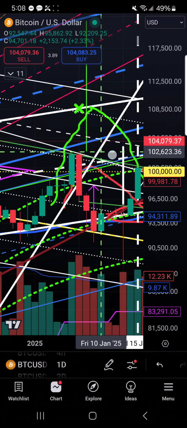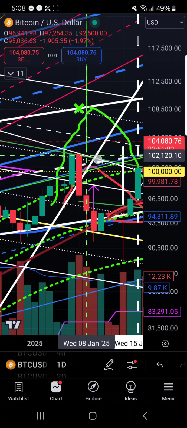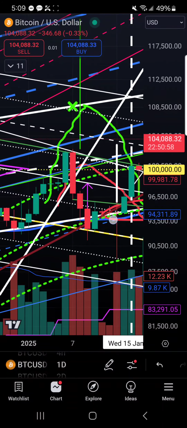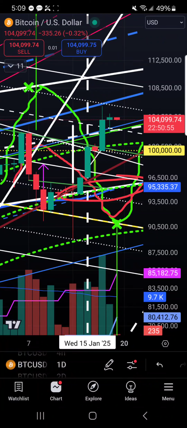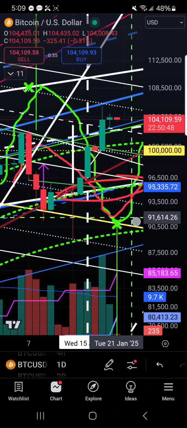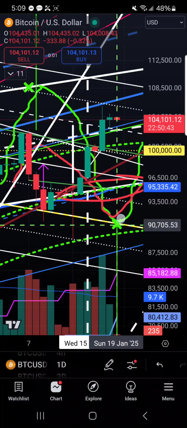We came up to here, overshot the top of the red line a little bit, not up to the green line. And then when we had our dump down, we dumped all the way down to this point here, down to 89, which just overshot my X. I had my X here at the center line of this channel, and that was at 90,800.